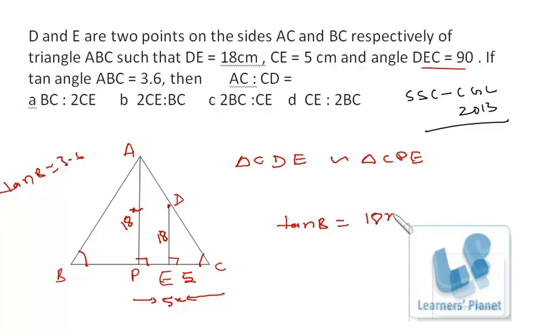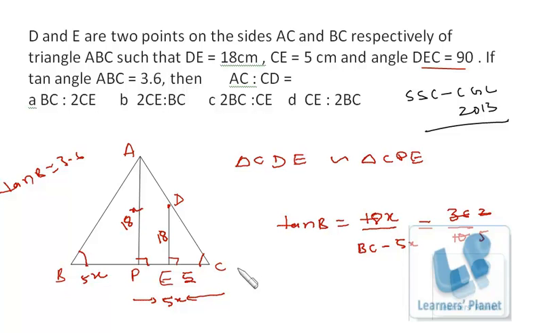So 18x by BP, and BP is actually BC minus CP. So BC minus CP is what? 5x. Okay, and tan B is given to us as 3.6. So 10x is equal to BC, so BC is equal to 10x. So this length is also 5x, that means BP is also 5x.